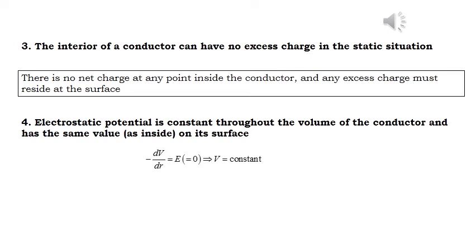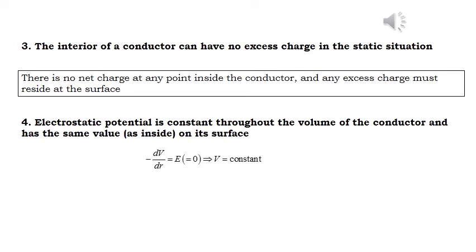So there is no net charge at any point inside the conductor. This is the reason the net charge at any point inside the conductor is 0. So any excess charge must reside only at the surface.